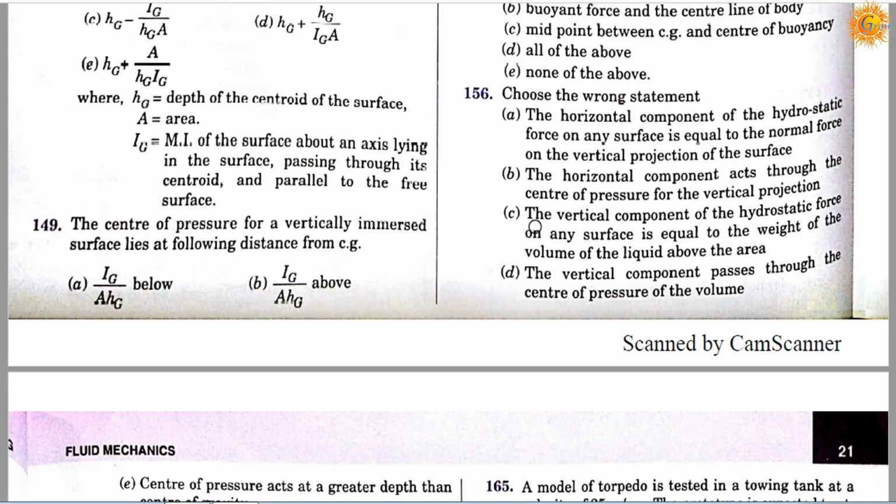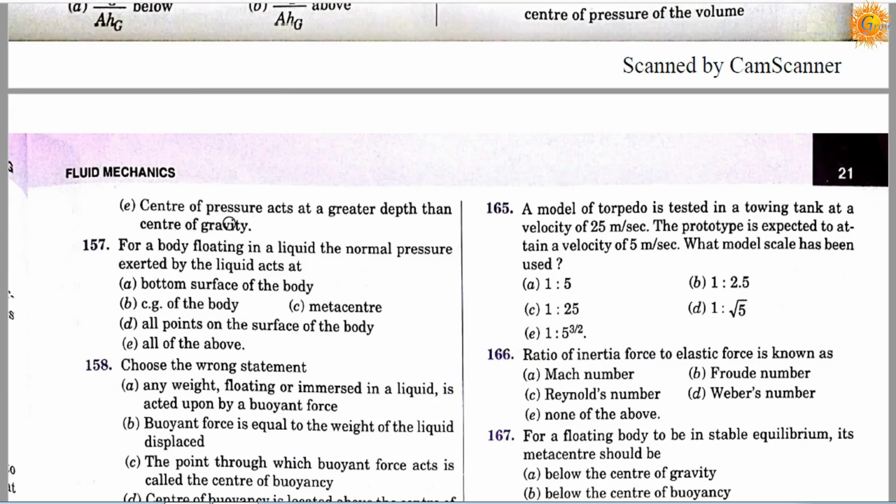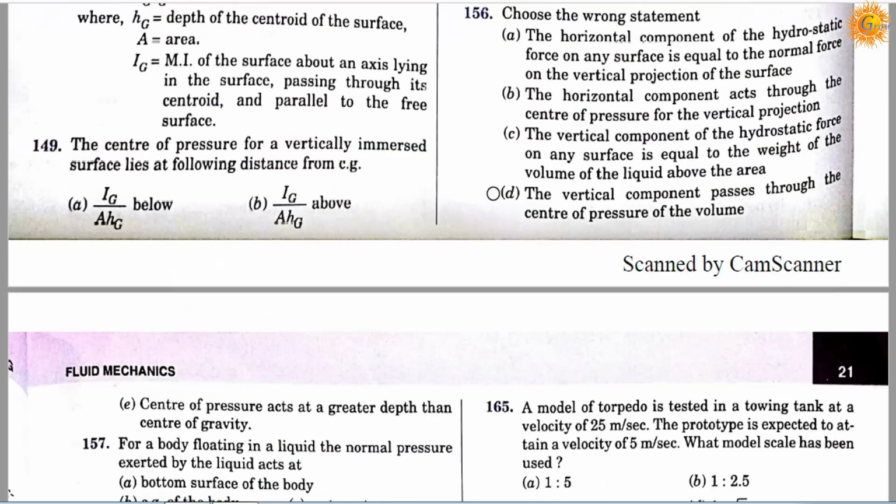Option C, the vertical component of the hydrostatic force on any surface is equal to the weight of the volume of the liquid above the area. Option D, the vertical component passes through the center of pressure of the volume. Option E, center of pressure acts at a greater depth than the center of gravity. So the correct answer is D.